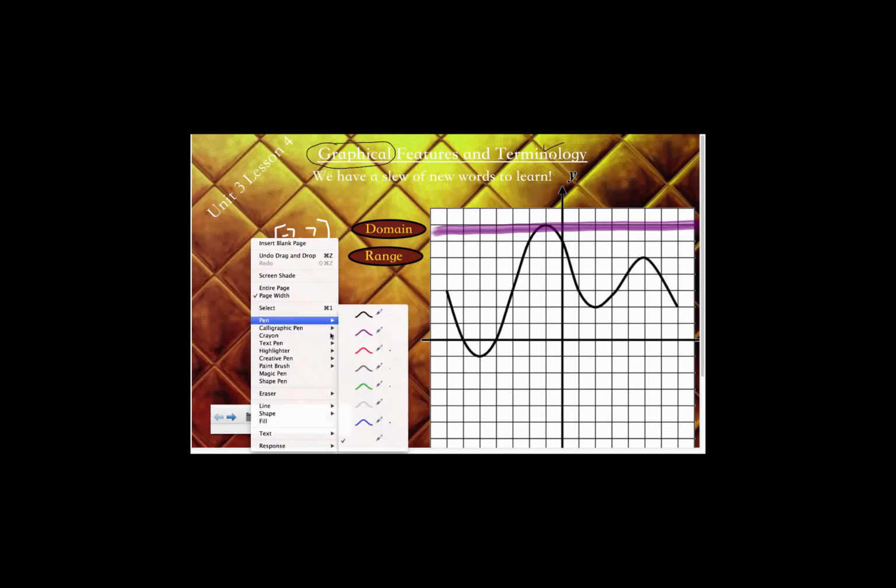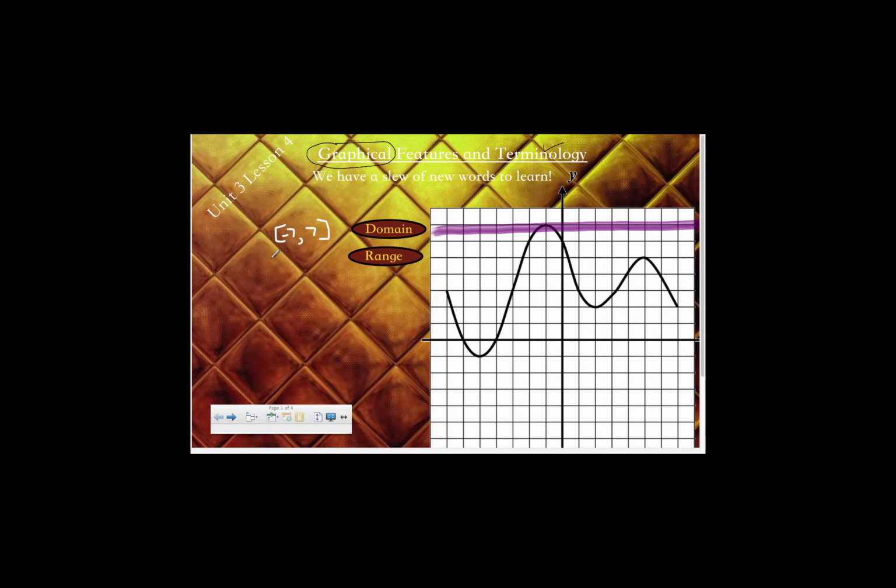But wait a second, it does cross -1. So that's my lowest value in the range. And let's see what my highest value in the range is. Right there. That's my highest value in the range. 1, 2, 3, 4, 5, 6, 7. So the lowest value in the range it crossed was -1, and the highest value that it crossed was +7. So that's how we figure out domain and range.